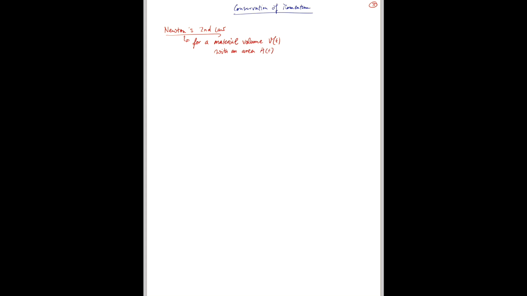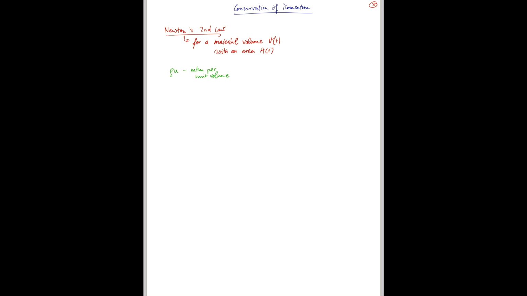Remember that analogy of an infinitely stretchy balloon. So we'll think of momentum as rho times u, so the velocity times the mass. So this is essentially momentum per unit volume.